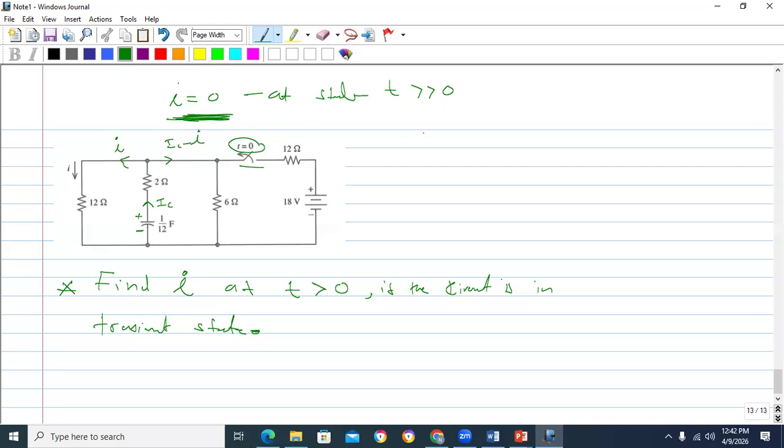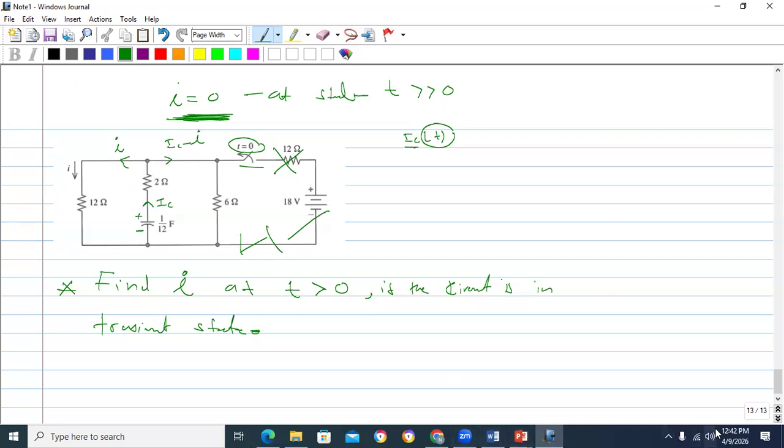This IC also changes with respect to time, but I am writing it as IC. Now this part is not there, only this circuit is there because this is on. Now you have to find this i. You have to write the equation to find i, so definitely you will get a differential equation.